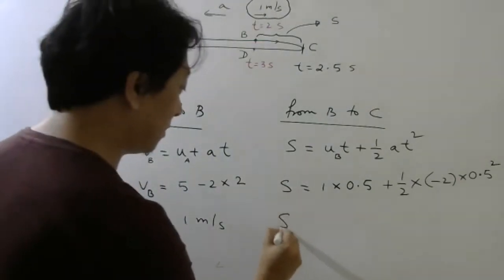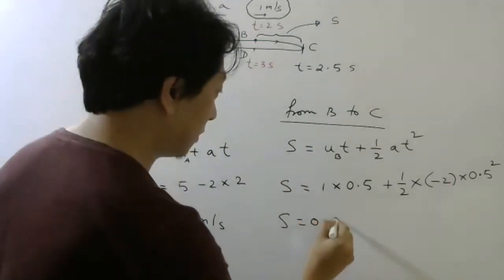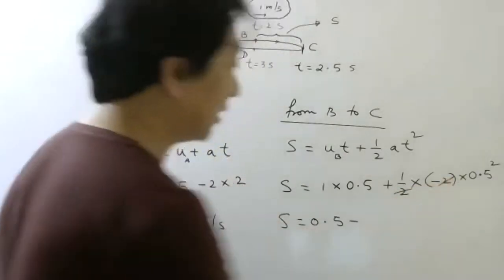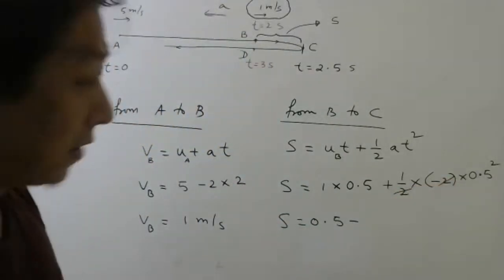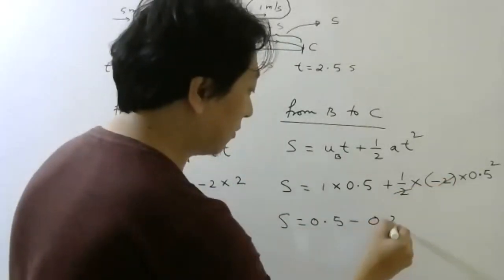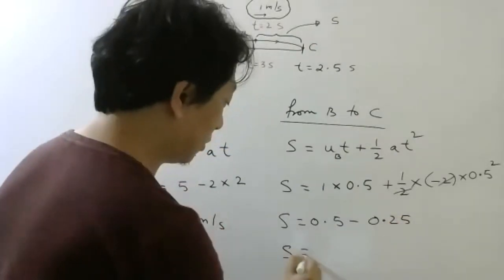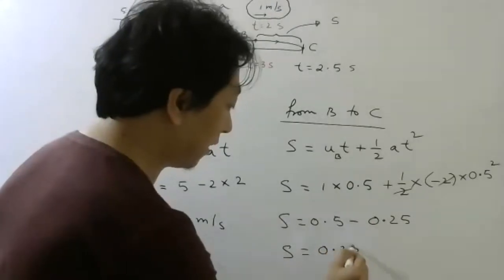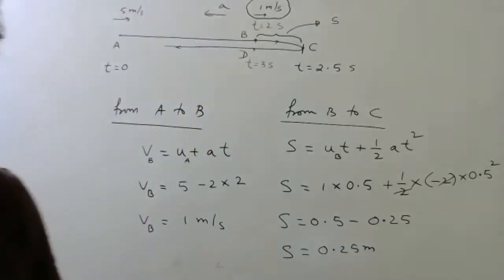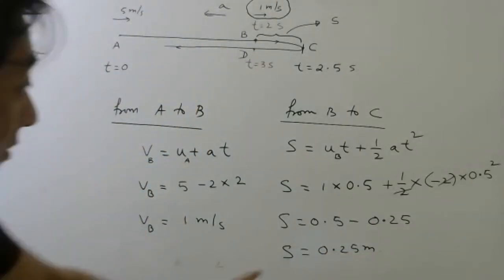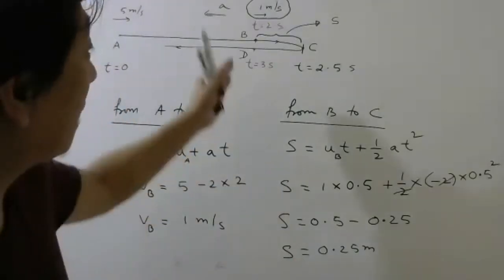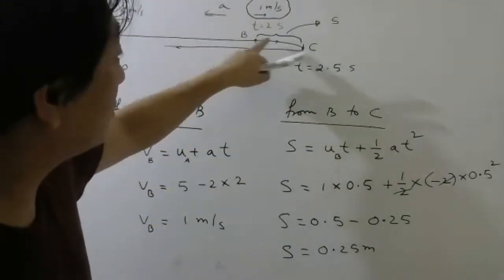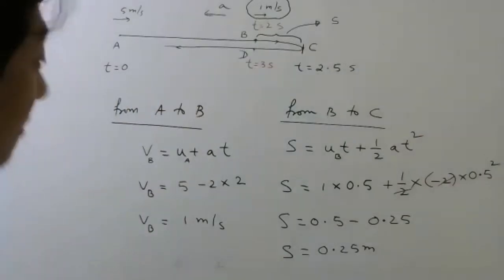So this will be 0.5, minus 2 cancel. 0.5 square will be 0.25. 0.5 minus 0.25 will be 0.25 meter. This is the displacement from what time to what time? 2 seconds to 2.5 seconds.